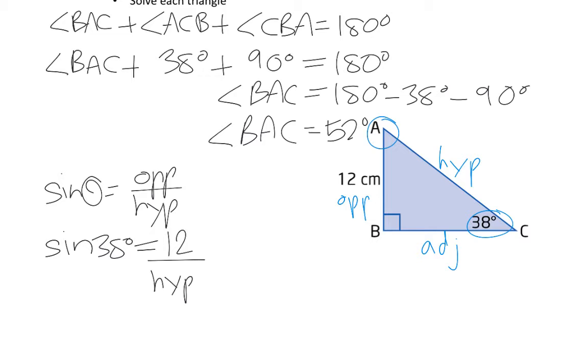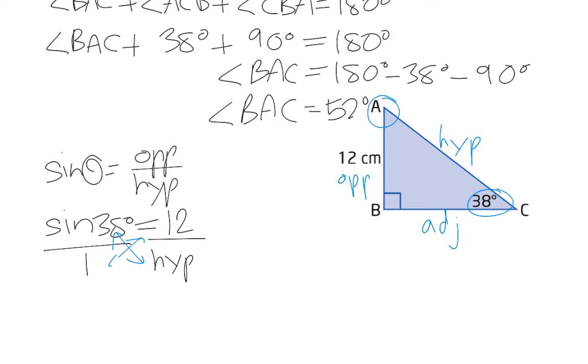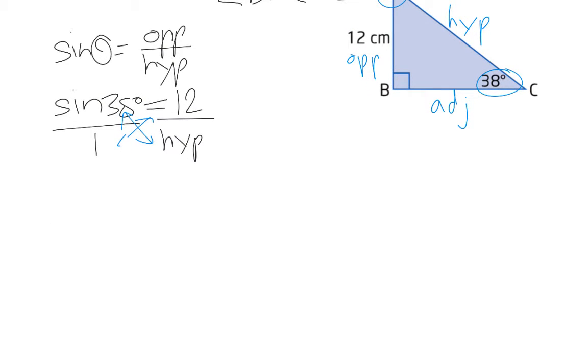At this point, you want to isolate your hypotenuse. There are many different ways of doing this. Some of you may be able to do it in your head. However, I'm going to show you the long way. Sine 38 degrees is really the same thing over 1. You can cross multiply. So that would give me the hypotenuse multiplied by sine 38 degrees, which is equal to 12 multiplied by 1.